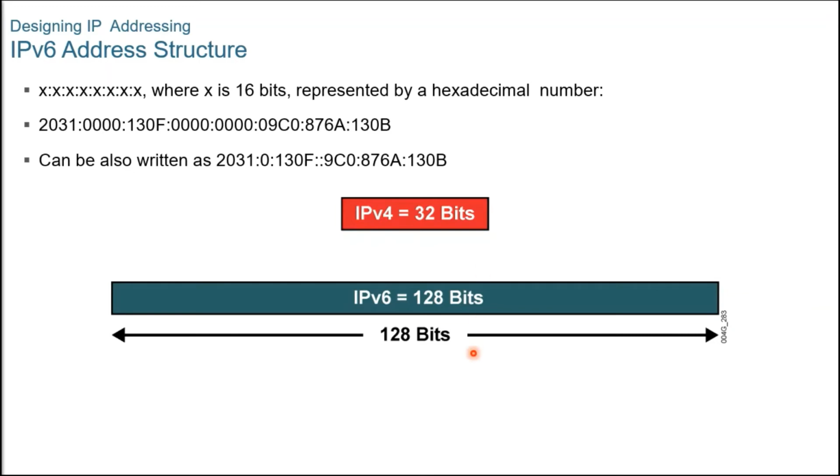Now, similar to IPv4, a subnet mask can be written as a prefix, for example, /24. IPv6 uses prefixes to indicate the number of bits of network or subnet information.